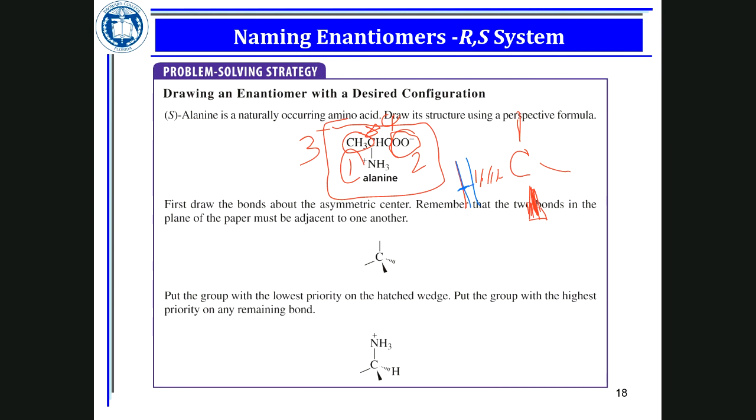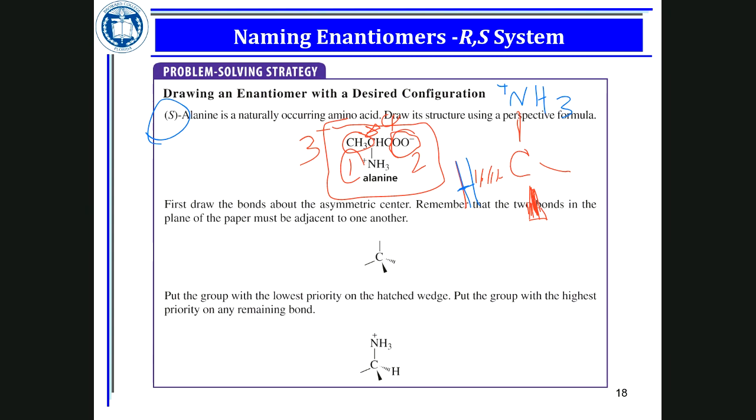Then you bring in your highest priority. You can put your highest priority on one of these dashed lines. That's your NH3 plus. You wanted to have it S, right? Because here it says S. That's how we decide where priority 2 and 3 should go.